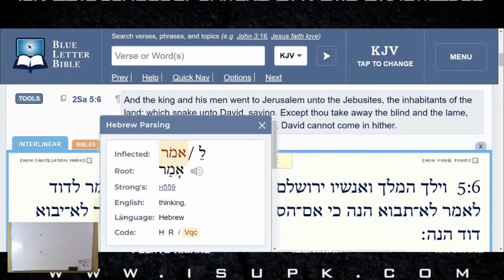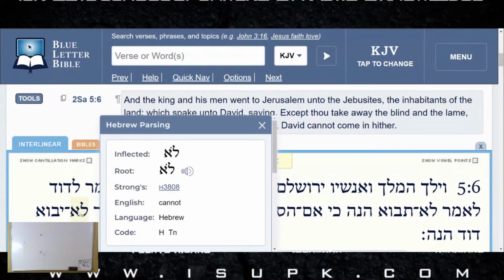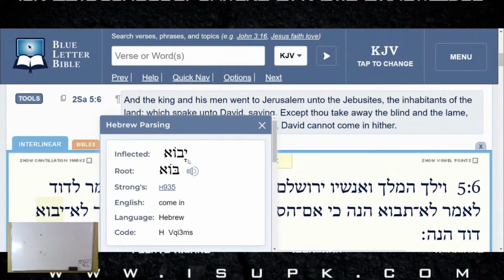La amar, saying or to say. In this case, they used it as thinking. Thinking what? Cannot he come in. Is Yah at the beginning? You already know is he.